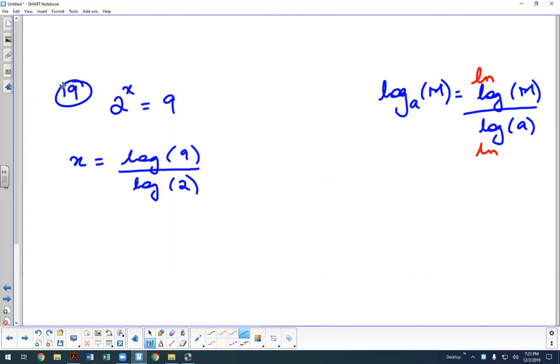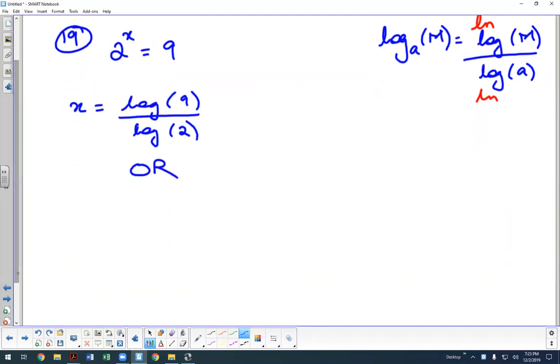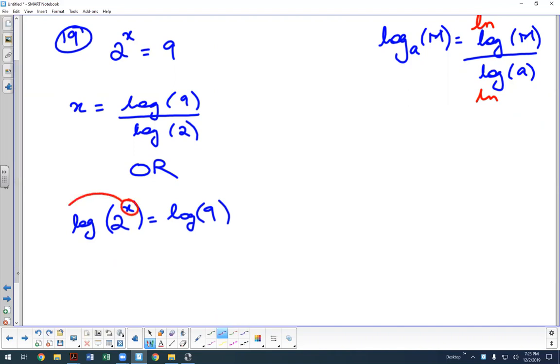If you don't remember the base change formula, then go the route that the example was going to. So if you have 2 to the x equals 9, go ahead and take a log or a natural log on both sides, doesn't matter. Using the power rule, that x will come down to the base level.